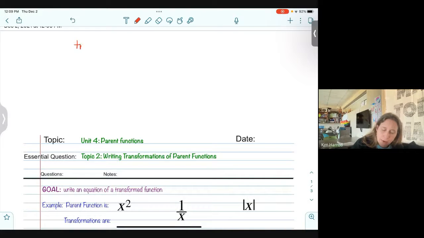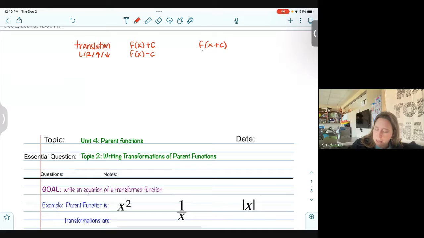So we have translations. And when I say translation, that's when we're talking about left, right, up, and down. Those translations look to us in 2 forms. I think I used actually a C in the notes. I'll be consistent about that. f of x plus c, f of x minus c, f of x plus c, and f of x minus c.